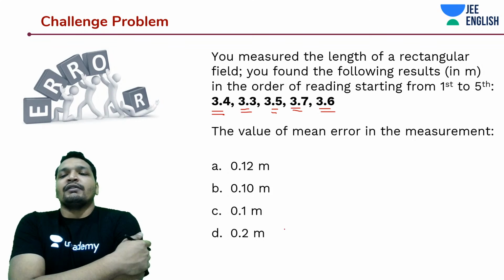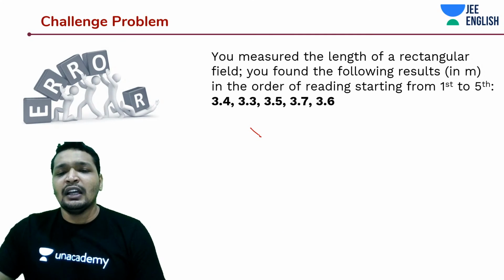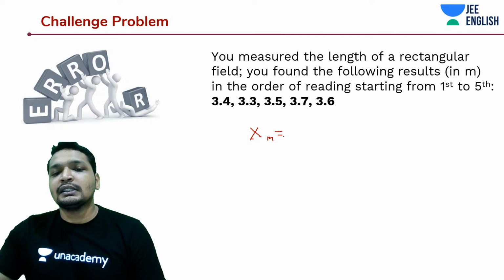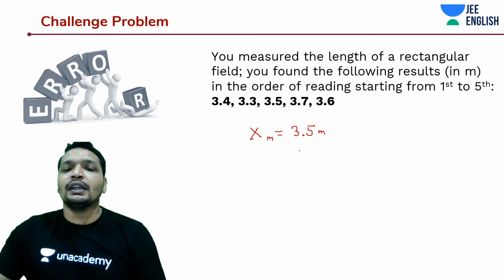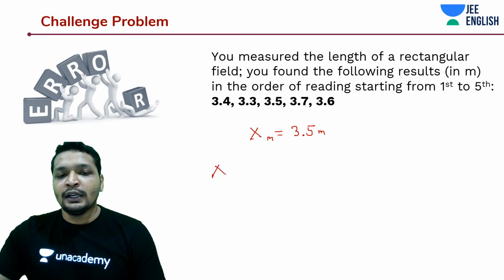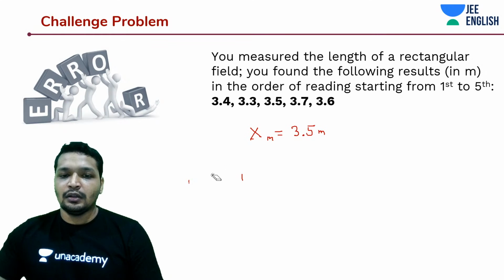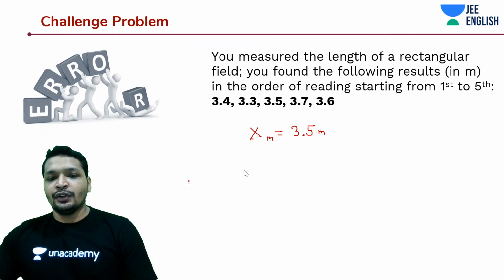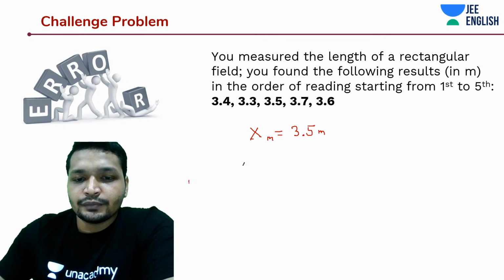Get started, students. It's a very easy one. What is the mean? That we just derived. This time I'm not going to write the mean. This time the mean is nothing but 3.5 itself. Okay. And what is your error 1? Delta x1, how much is it? Delta x1 is going to give you, let's choose a different color for your values.